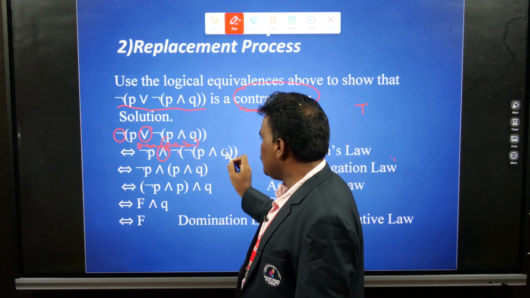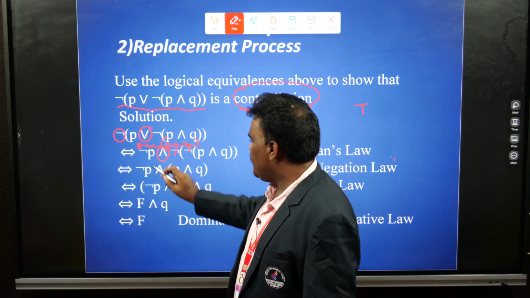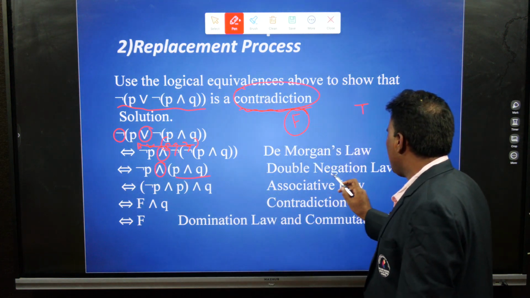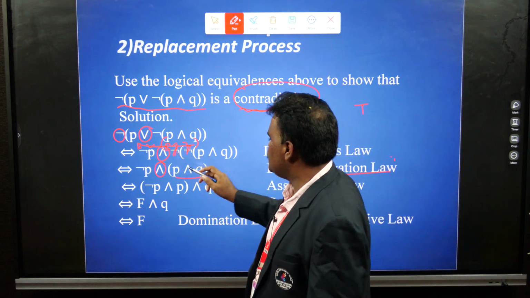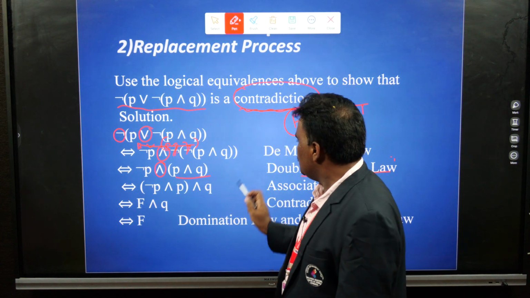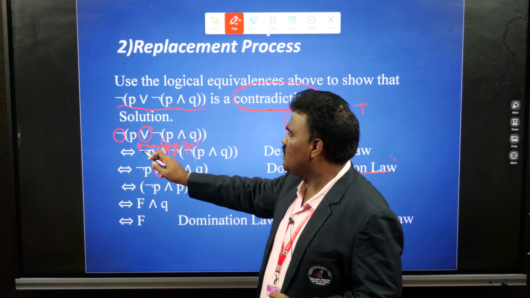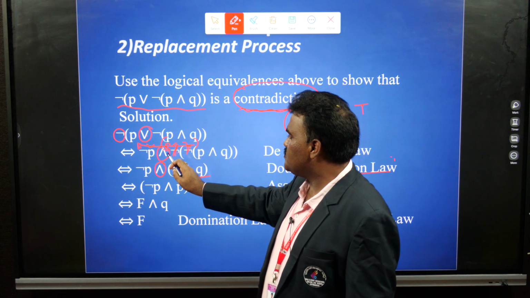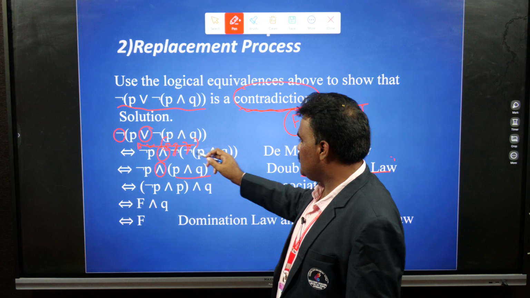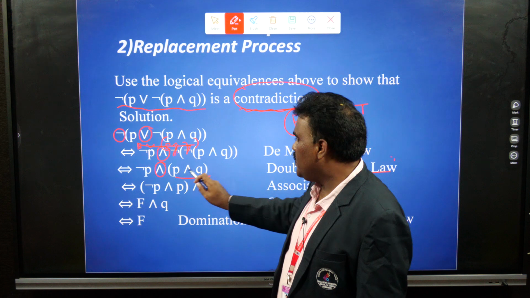Negation of negation P and Q: these two negations cancel, then we get negation of P, the OR operator becomes the AND operator, and we have P and Q. By the double negation law, the negations get cancelled, and we get only P and Q.